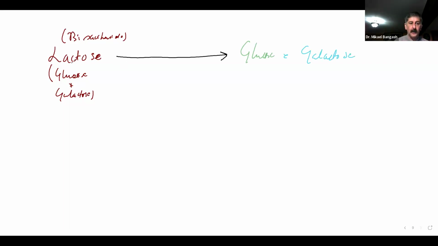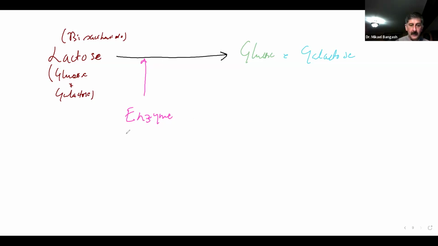But the question is, how is it that this lactose is going to break down? That is because it will be acted upon by an enzyme, which chemically is a protein molecule, but functionally is an enzyme.